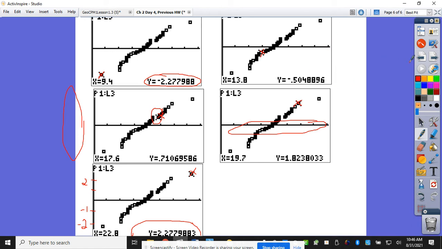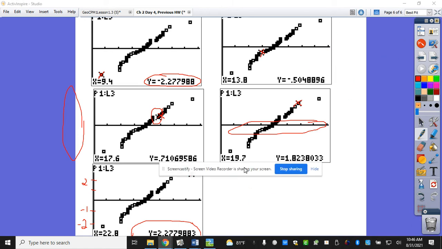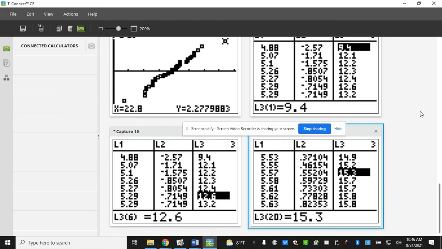I want to show you an example of a normal probability plot that doesn't look like this one. I'm just plugging in a whole bunch of 1s, some 2s, some 3s, 4, 5, 6, 7, and a 9.